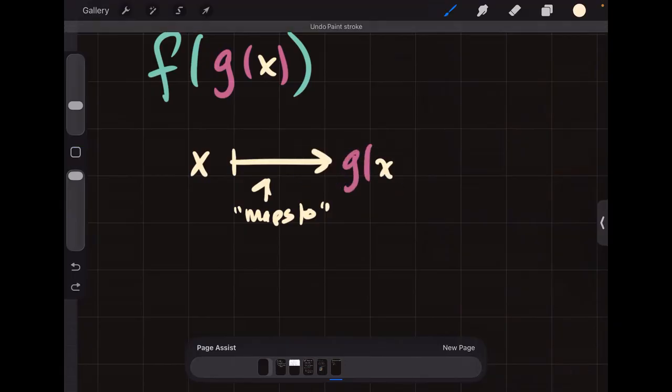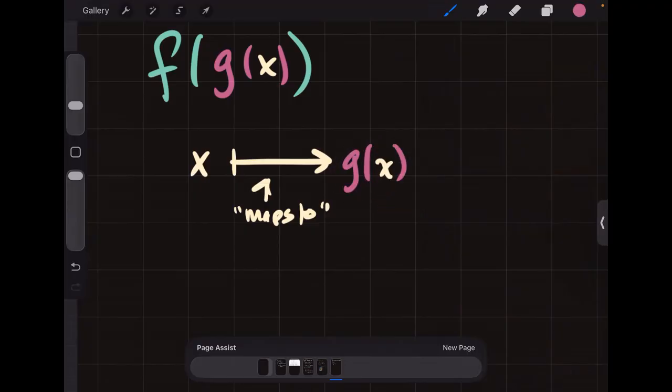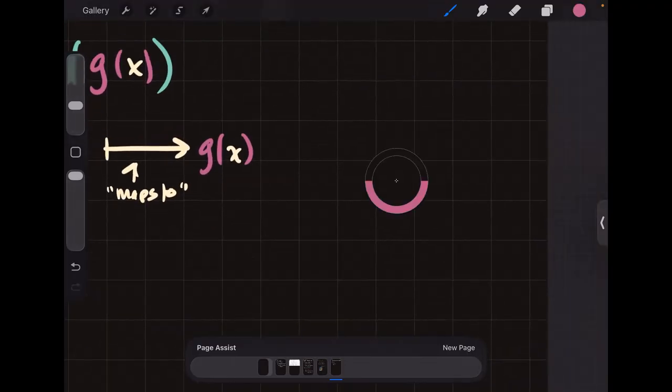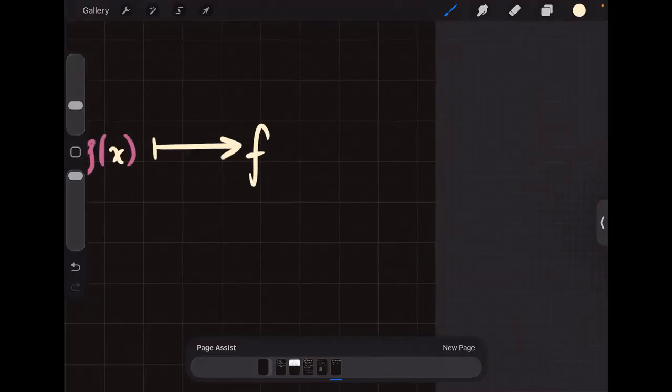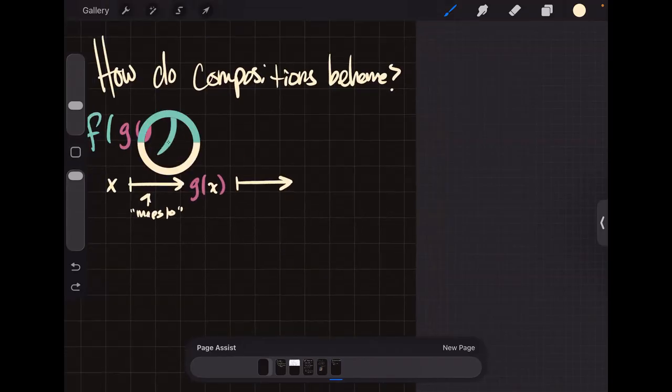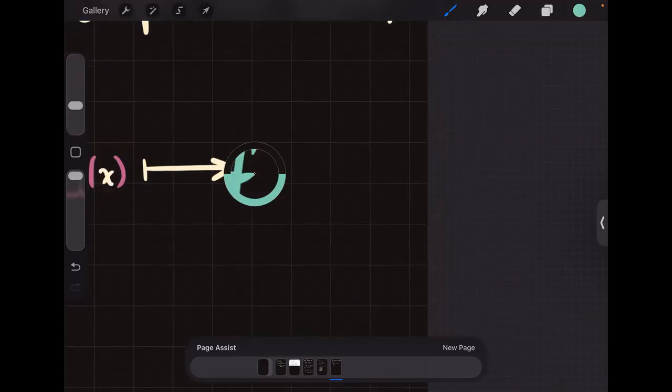And then it takes whatever this value is, right? And it maps it to f of g of x, okay?